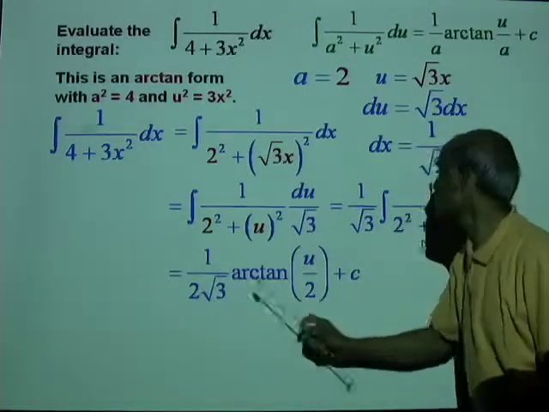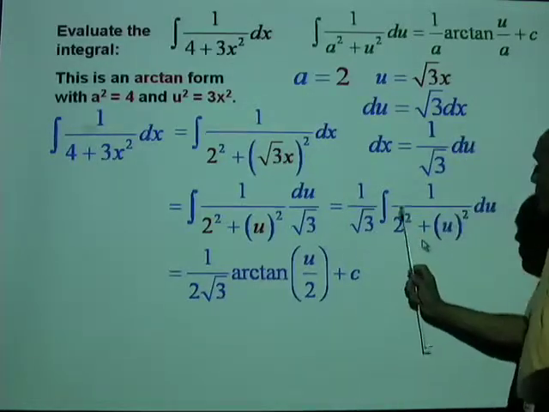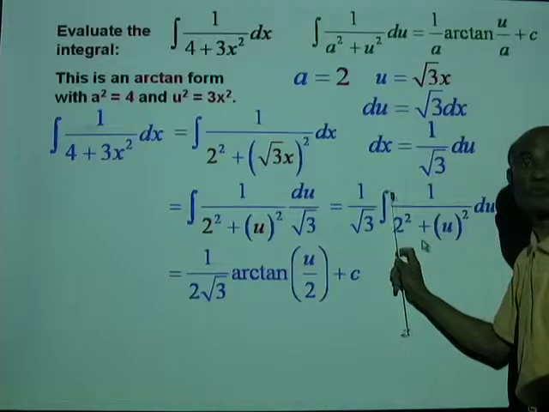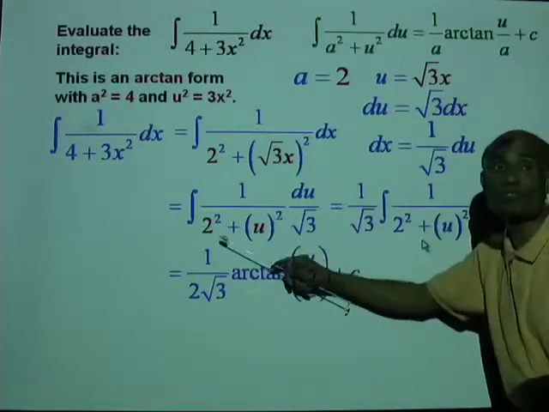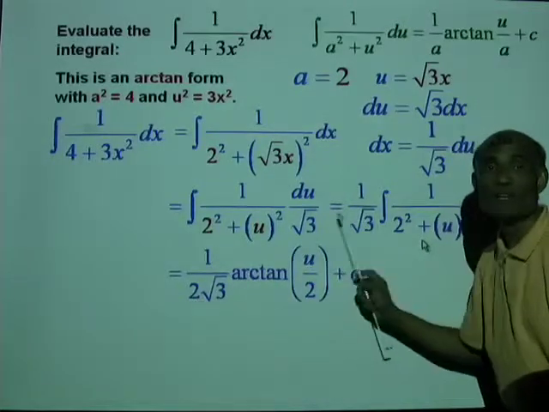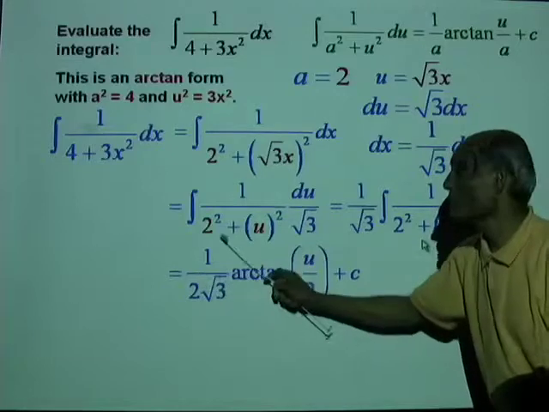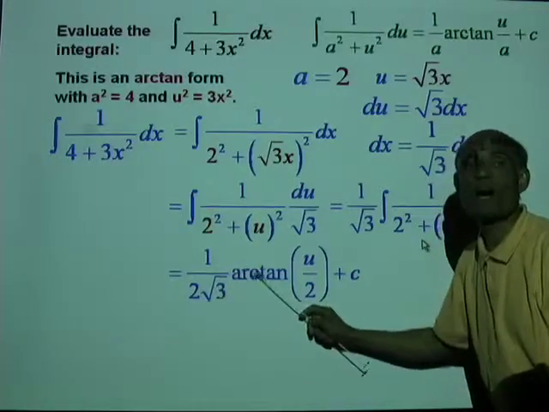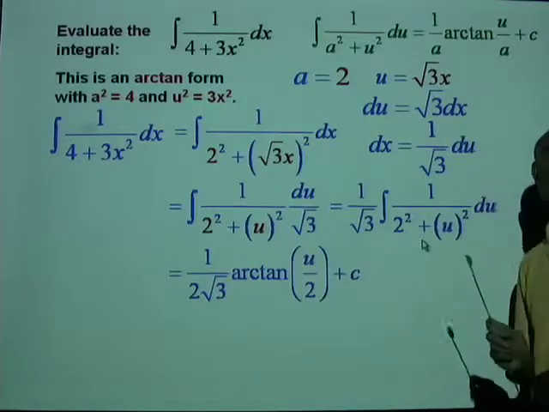How did it become 1 over 2 square root 3? Remember, this will be 1 over square root 3 times, this integral will be 1 over a. 1 over a is 1 over 2. That's where the 1 over 2 comes from. So this 1 over square root 3 times 1 over 2 makes it 1 over 2 square root 3 arctan u over a, u over 2, plus c.